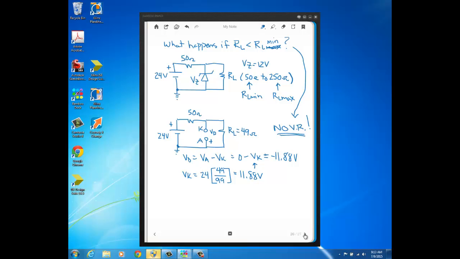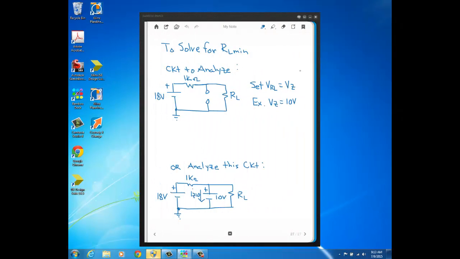Now, if you want to find what RL minimum is for a particular circuit like this, there are two ways that you can come up with it. Here's a different circuit.